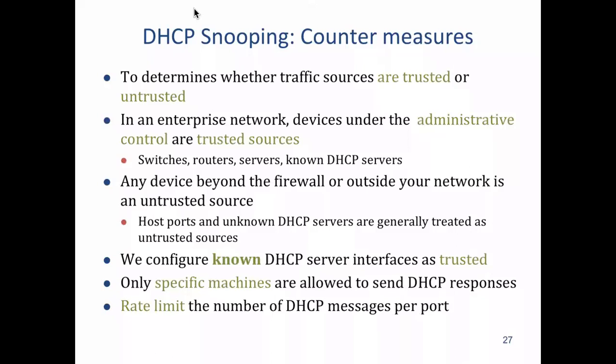Of course, the machine will not come to know about it, but the switch will take care of this. The switch will know that if a DHCP offer is coming from a port which is not supposed to have a DHCP server, then it can take care of this kind of vulnerability.